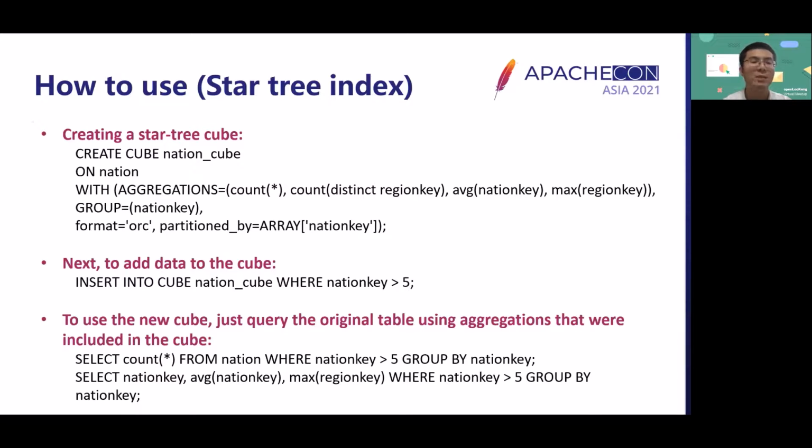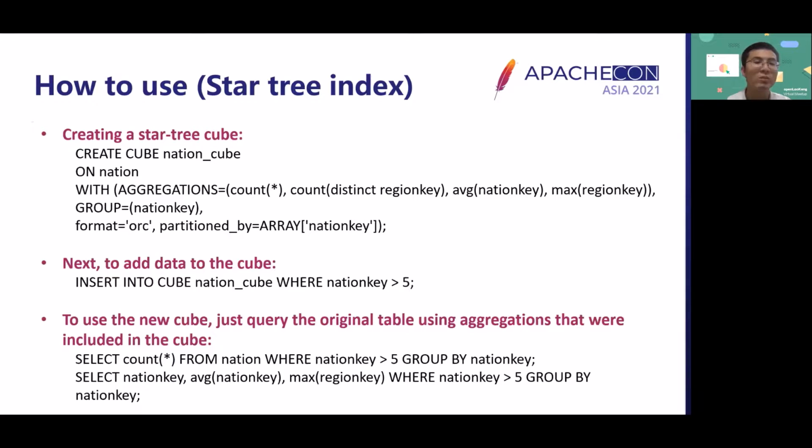We provide the create cube command with the cube name on the table, and we can use the with clause to specify the aggregation type, such as count, distinct, average, max, and we can specify the group columns, such as nation key. We can also specify the star tree index storage file format, such as ORC, and the partition key for storing the star tree index to improve loading performance.